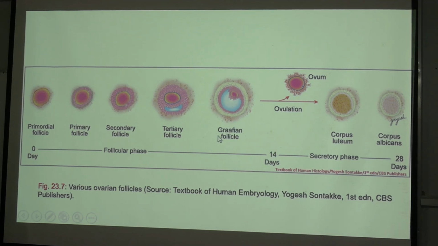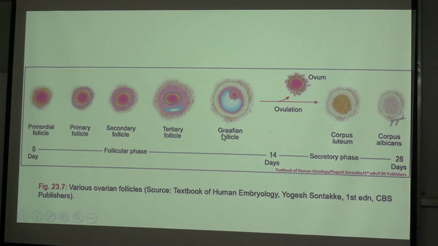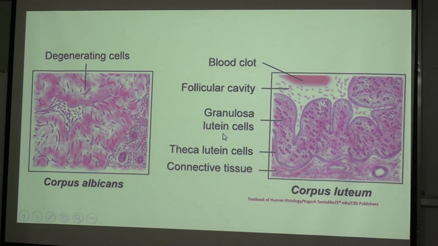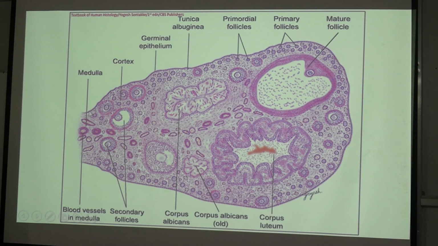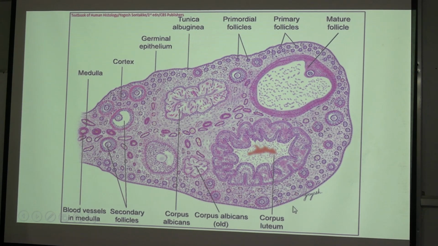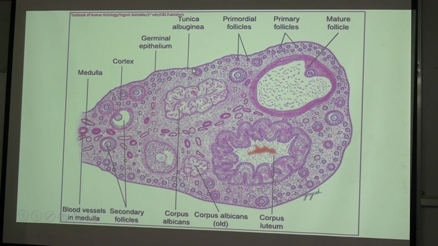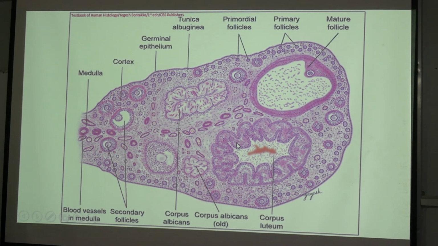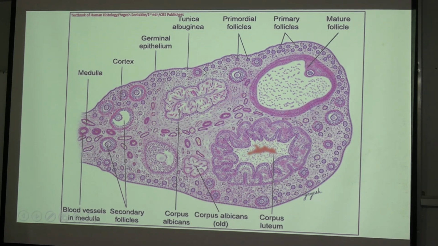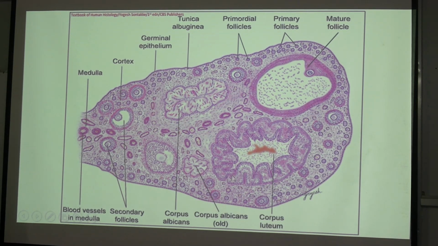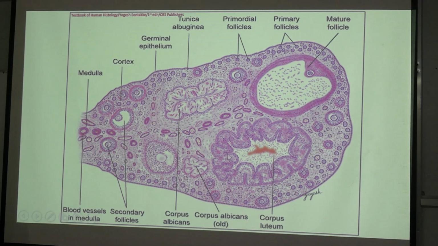Whenever we are given these histological pictures, we identify the ovary based on its regions: an outer covering layer called the germinal epithelium, which is a flat to cuboidal epithelium. Then we have the parenchyma, the outer cortex and inner medulla, which is mostly occupied by connective tissue and blood vessels, whereas the cortex has different stages of maturing ovarian follicles, primordial, primary, secondary and Graafian, as well as scar tissue.